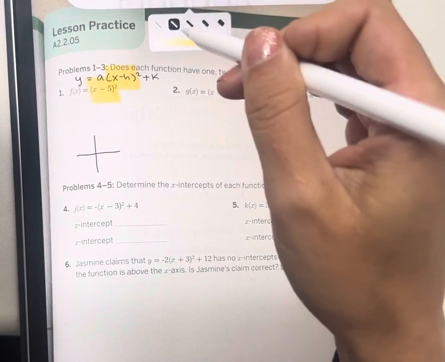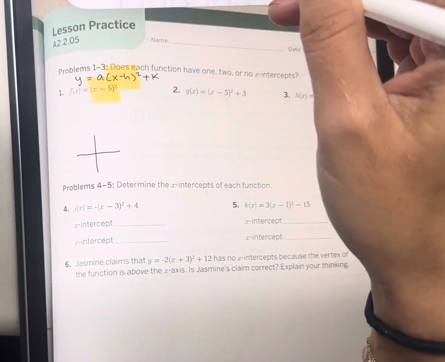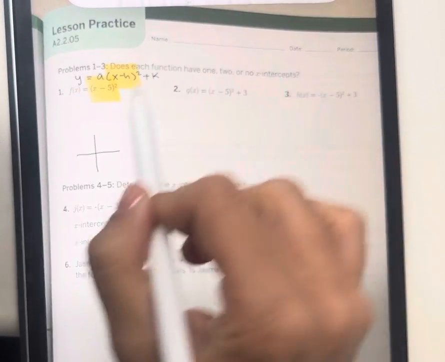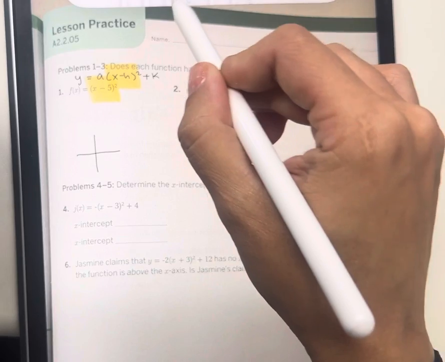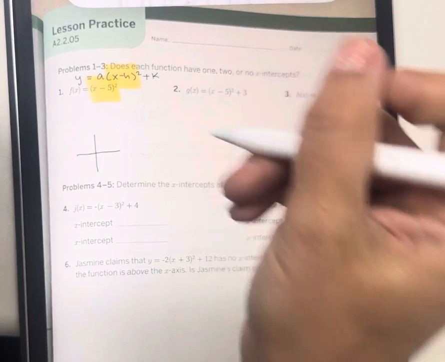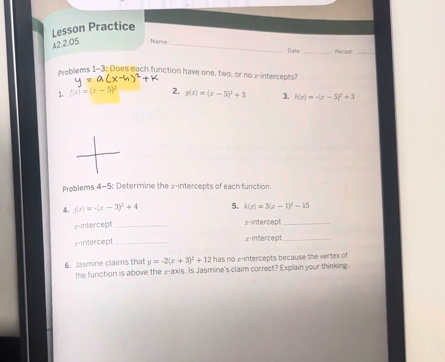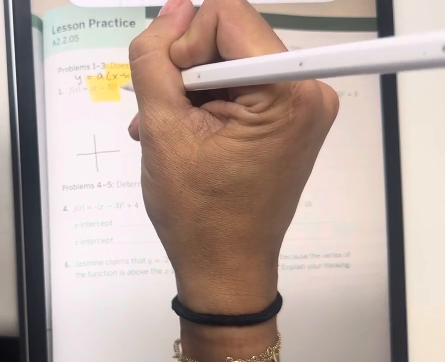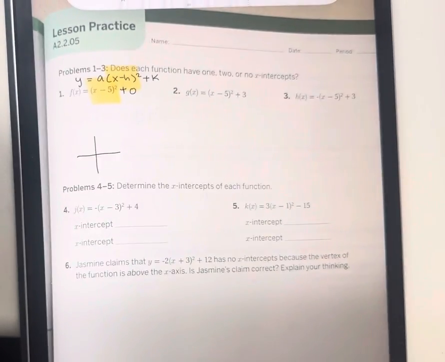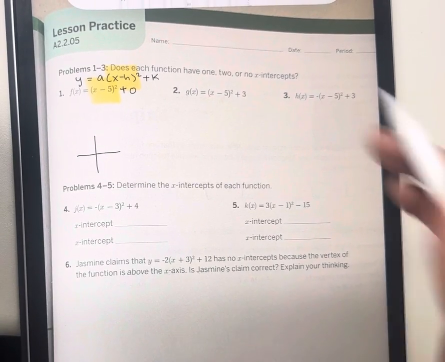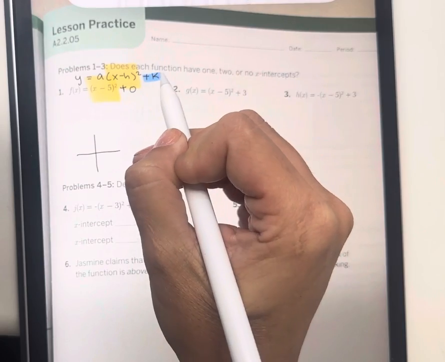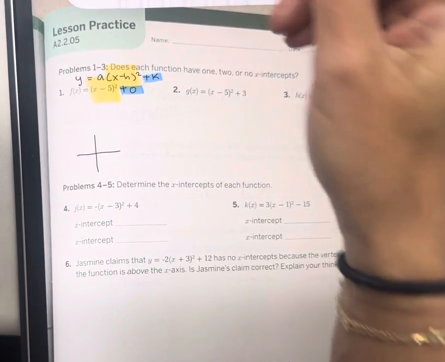And then it appears that the k is missing. The only number that could be there, but they don't show me when I'm adding k, is 0. So this is totally vertex form. Look at it. There's the plus k, there's the plus k.